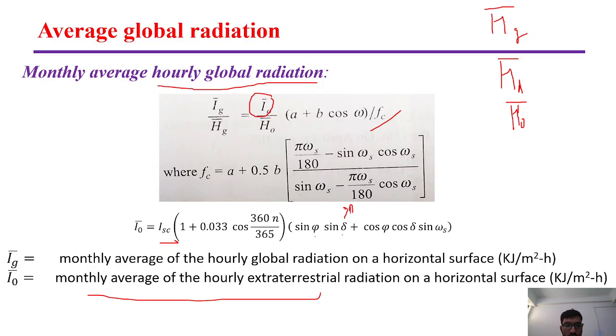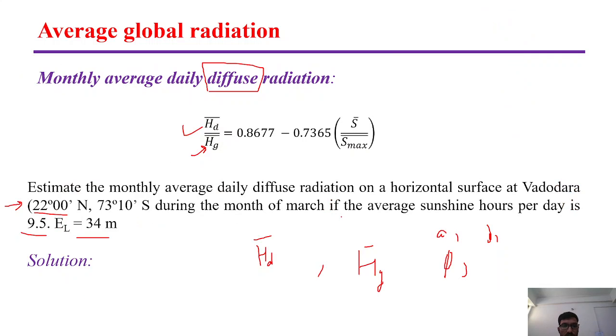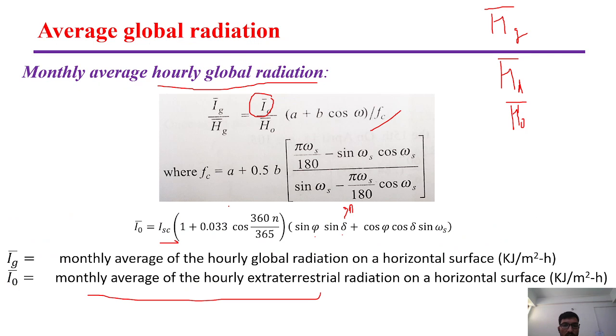For that, I think the number of the day is given during the month of March, and we will take the value of n for that particular day. Then latitude, declination angle, and the hour angle. Hour angle will be based on phi and the declination angle only.